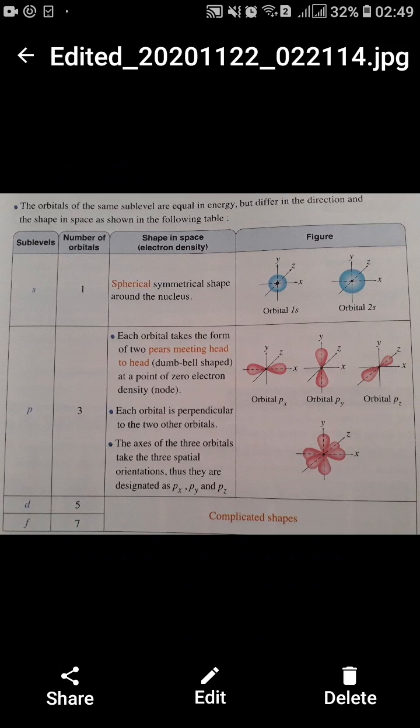These 3 orbitals are perpendicular to each other, Px, Py, and Pz. But for D and F, we have complicated shapes. Here we get the number of orbitals inside sub-energy levels and their shapes.